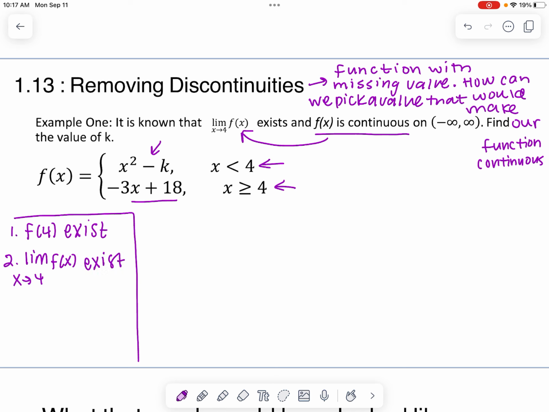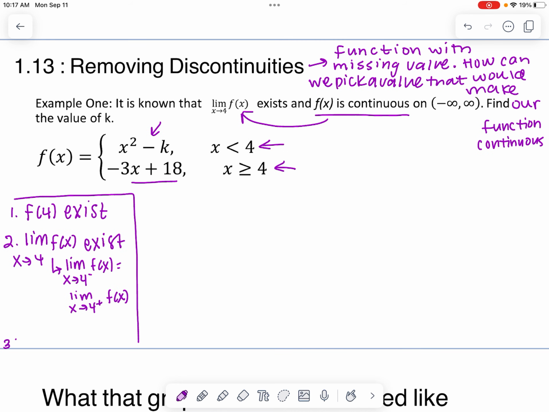But one implication of it having to exist that will help us here with piecewise is that if a limit exists, the left-hand limit equals the right-hand limit. So keep that in mind. And then the last condition is that f of 4 equals the limit as x approaches 4 of f of x. So those 3 things have to be true.